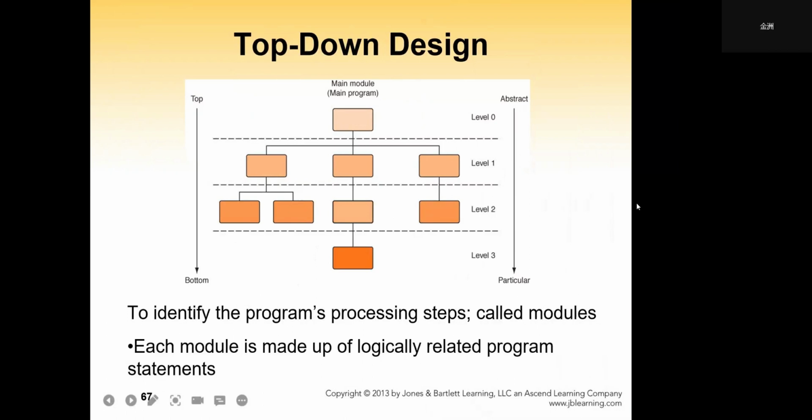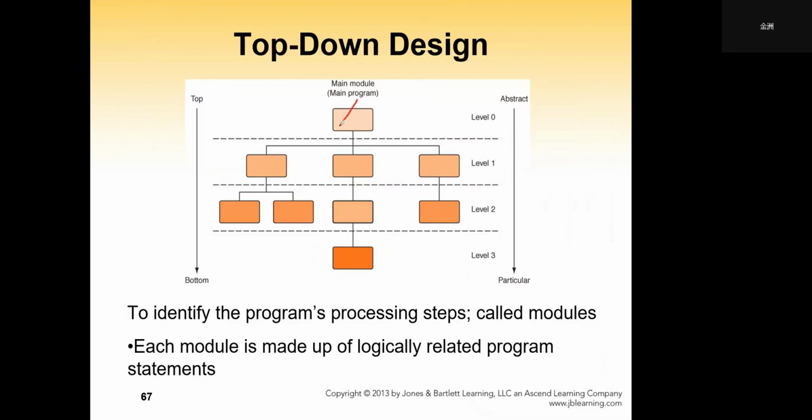For designing a program, we have some design principles. First, we call it the top-down design method. That is, we have learned that we abstract the problem, and then go from the abstraction to the particular, from the top to the bottom.